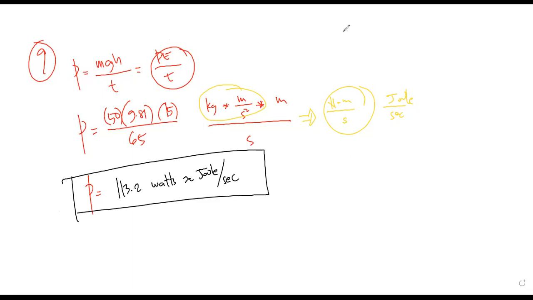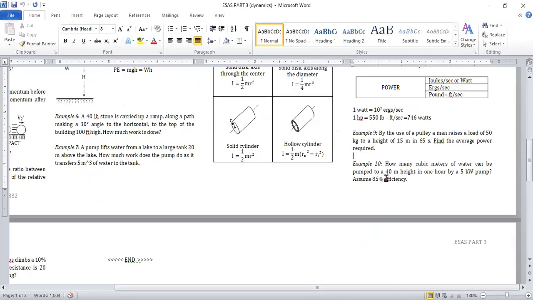So that is for number 10. We're given here: how many cubic meters of water can be pumped to a height of 40 meters in 1 hour by a 5 kilowatt pump?